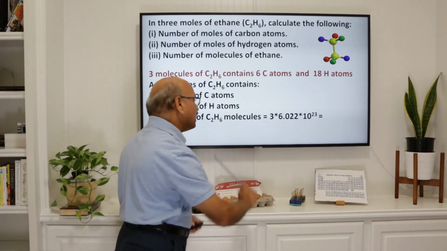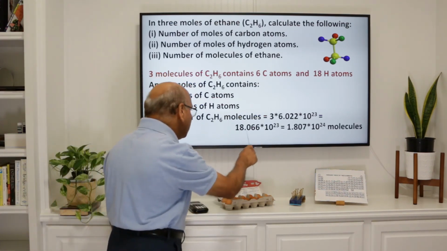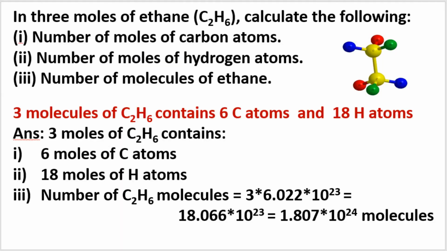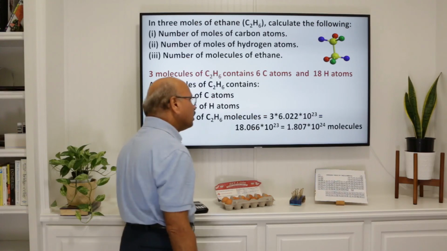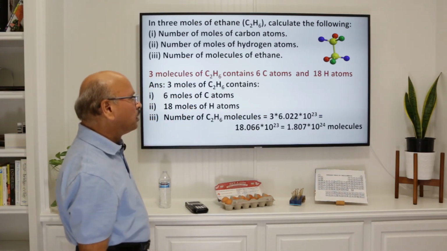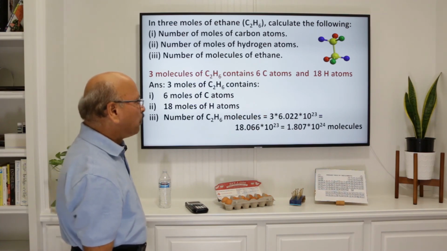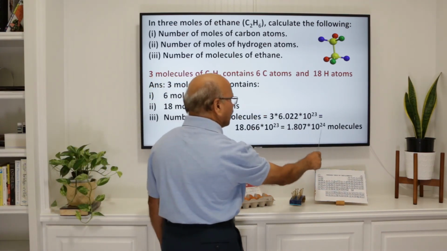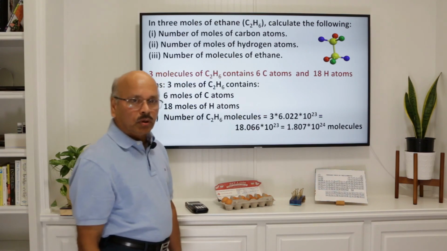And you can just multiply that. And the multiplication gives you 18.066 times 10 to the power 23. And then if you want it in the standard form, it's going to be 1.807, I just rounded it up, times 10 to the power 24 molecules.